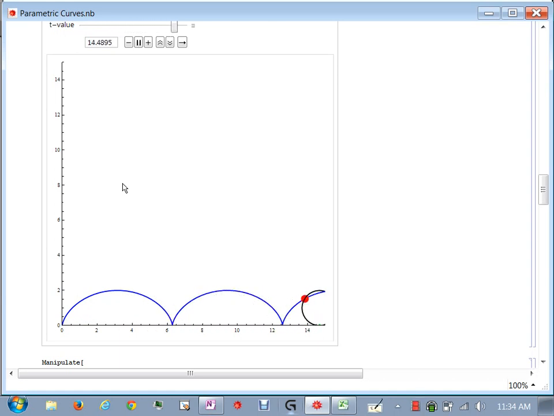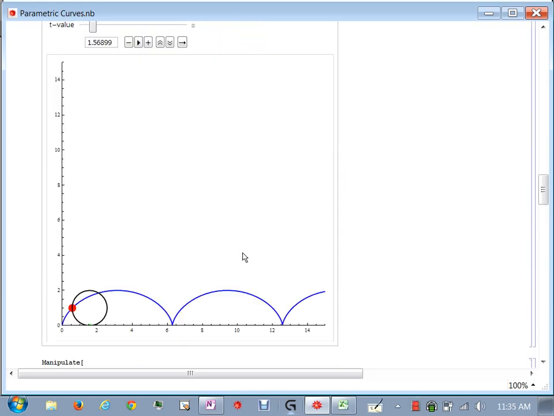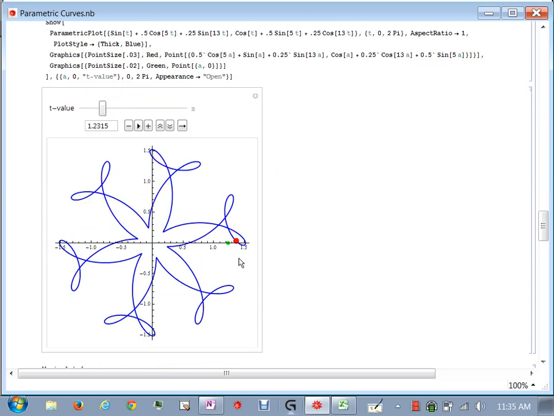All right. So let me see if there's anything else I want to talk about. We've got to get into some of the calculus behind this. Oh, here's another one. Slow it down, I'm going faster. There we go.